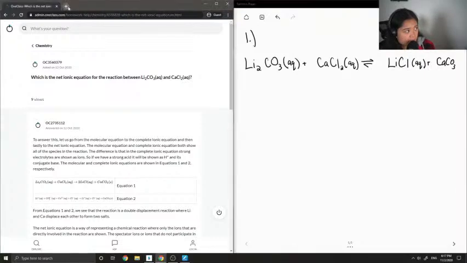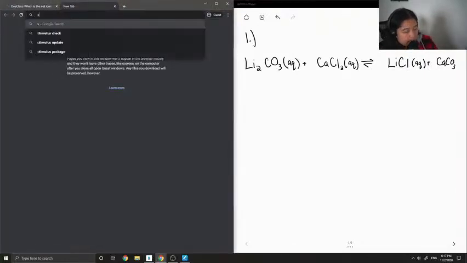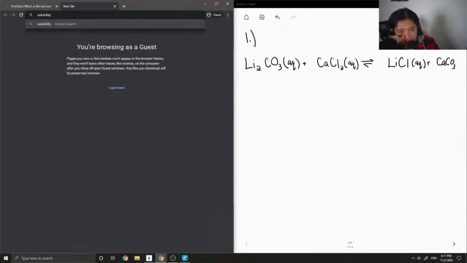I'm also just going to look up the solubility rules, and we want to do this in order to determine whether or not our calcium carbonate will dissolve in water.